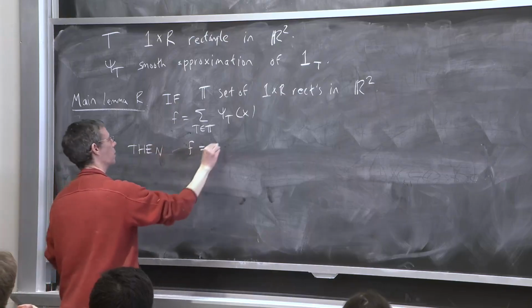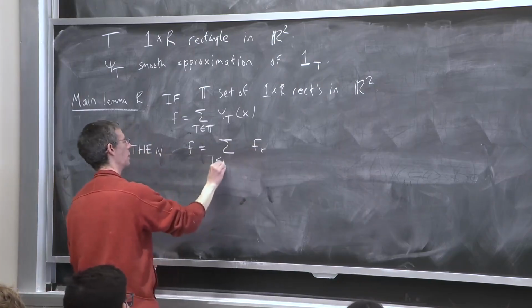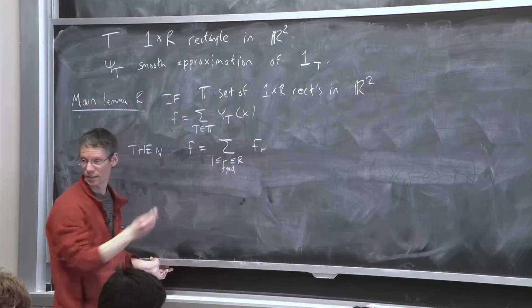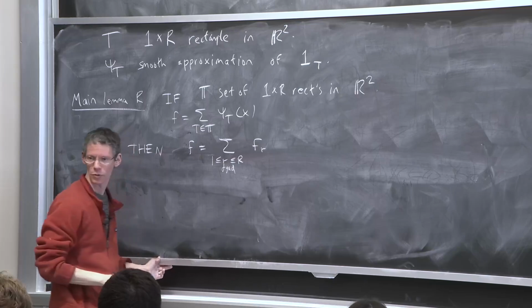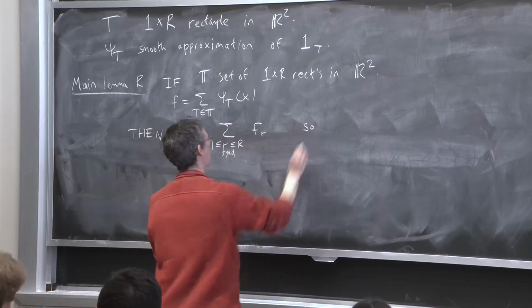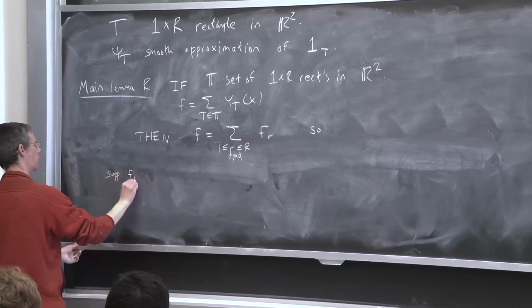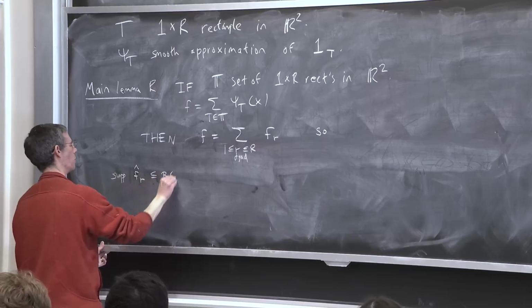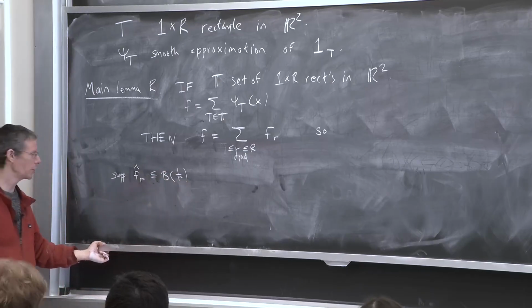So f is going to be the sum of f little r, where little r goes from 1 up to capital R and is dyadic, just like in theorem 1. So we'll have log of r many pieces, and these are the different scales of the frequencies. And we'll do this so that the support of fr hat is contained in the ball of radius 1 over little r. So that's the frequency information.